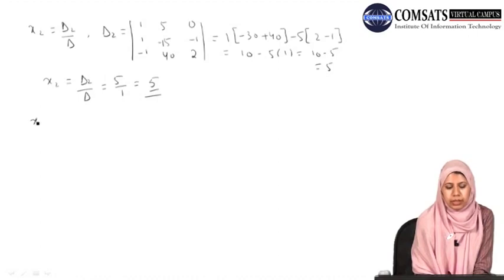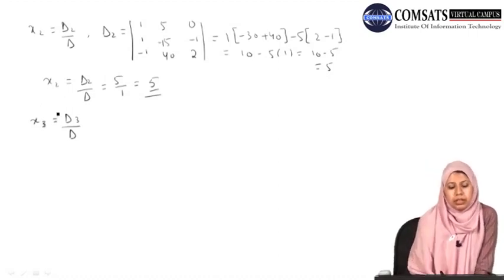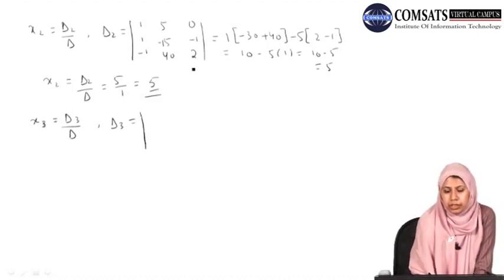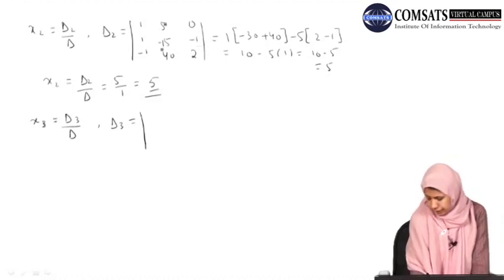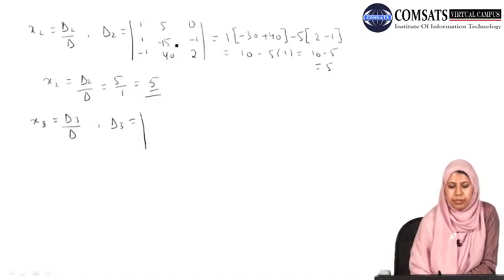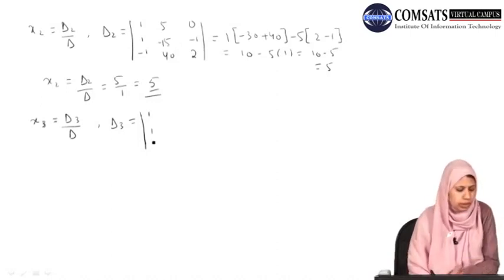Now we will calculate our x3. x3 will be the ratio of the determinants delta 3 with delta. Okay, and delta 3 is the determinant of the matrix obtained by replacing this third column with our matrix of constants. That is, our first column will be as it is 1, 1, minus 1.